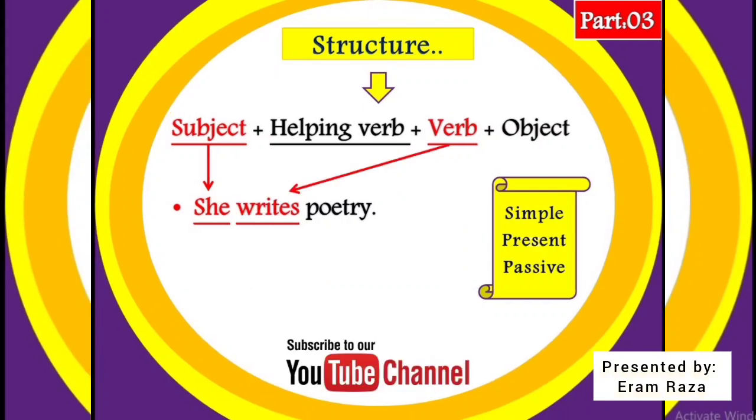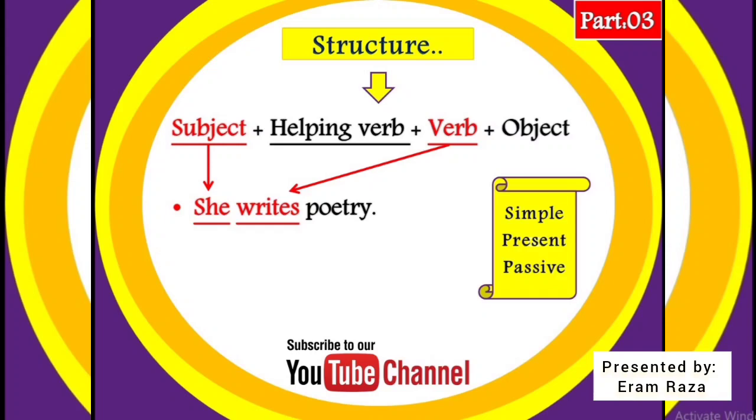Now let's discuss the verb in the given sentence. She writes poetry. In the sentence, what is the verb? Of course, writes. Writes is the verb in the sentence, as you can see on screen. As I already taught you the concept of a verb, what can be the verb in a sentence?